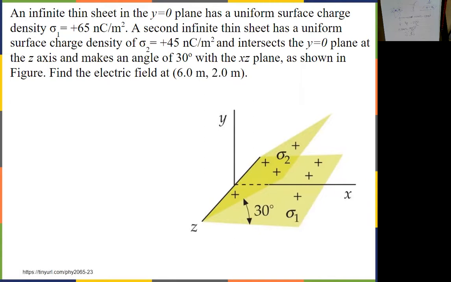A second infinite thin sheet has a uniform surface charge density of sigma 2, 45 nanocoulombs per meter squared. They intersect at y equals 0 and the z-axis.